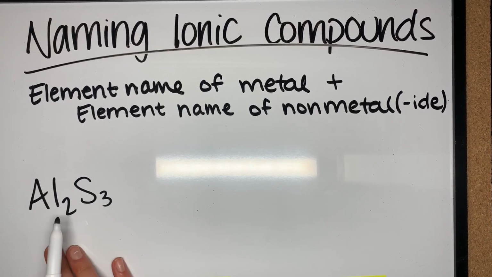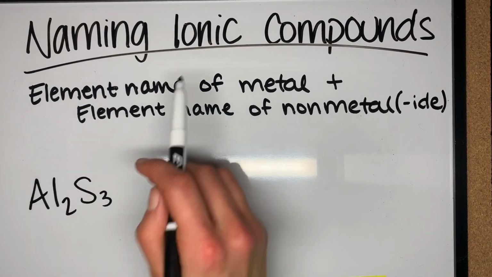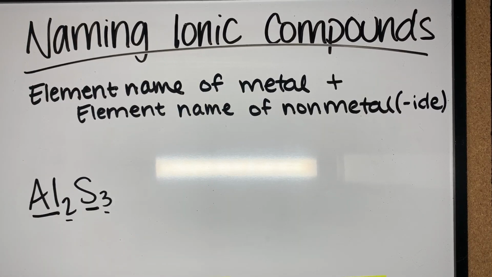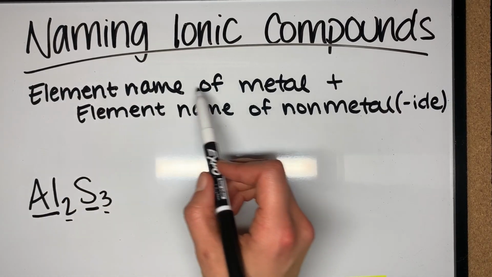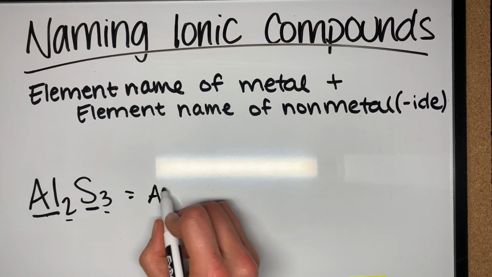Let's take a look at this example: Al2S3. Now with ionic compounds, these subscripts don't matter for the basic ionic compounds like I've been showing you. We're just worried about the elements themselves. So for this one, we're going to write the element name of the metal. In this case, it is Al. We know that is aluminum.